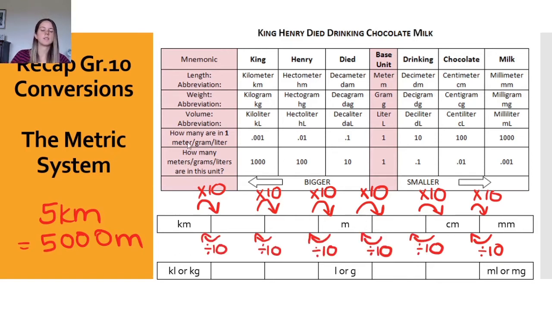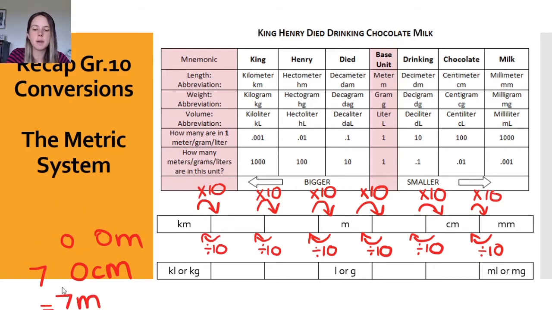So let's say I have 700 centimeters and I want to know how many meters that is. Then I take 700, because it's centimeters, divide by 10, and divide by another 10, which gives me 7 meters.